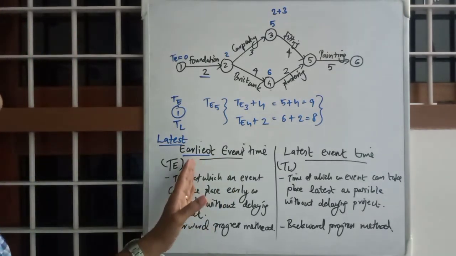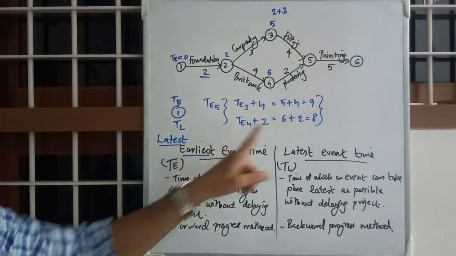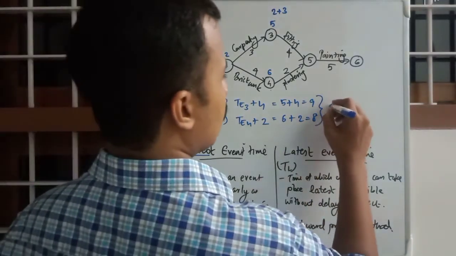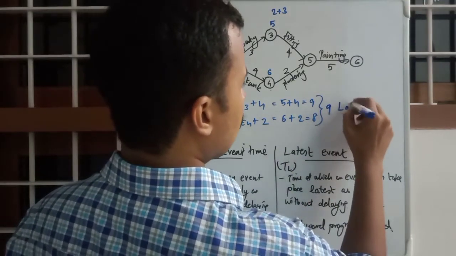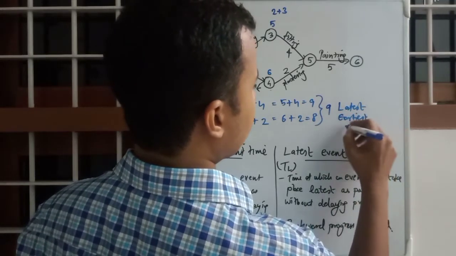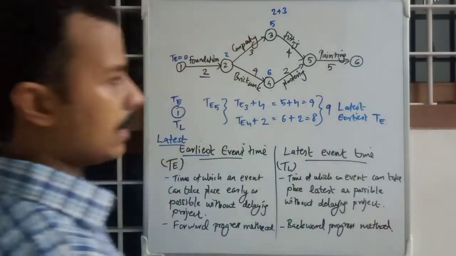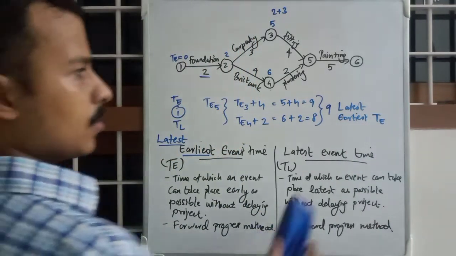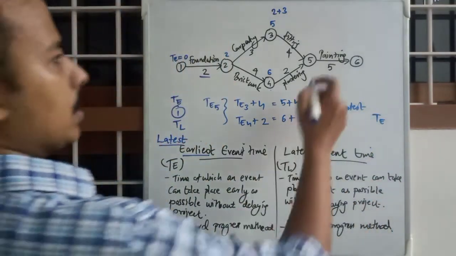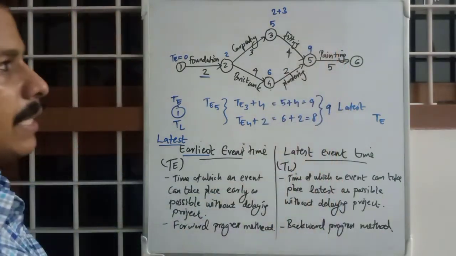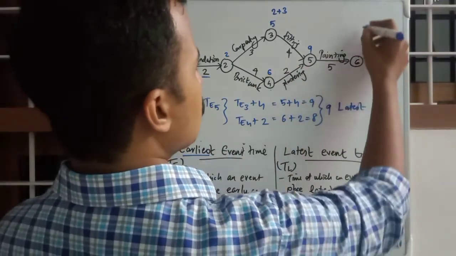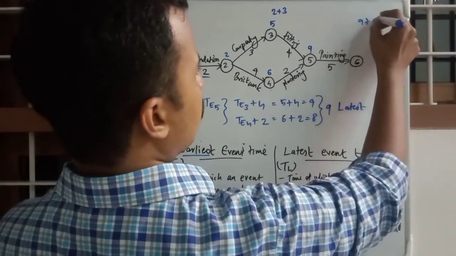Remember, it will not be the earliest of the 2, it will be the latest earliest event time, that is 9. So 9 is the TE of 5. Then this one is very simple, 9 plus duration 5, that will give you 14.